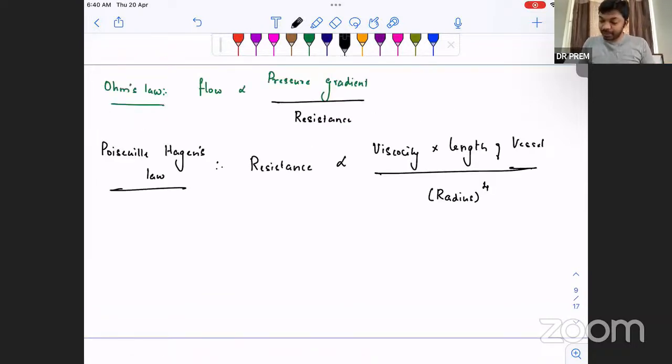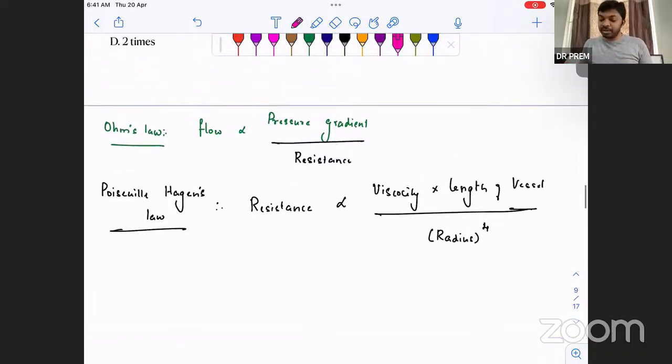Now, please remember, Poiseuille-Hagen's law is a law that has been advocated for a cylinder that has a perfect Newtonian fluid flowing inside the cylinder. When it comes to the human body, blood vessels are not perfect cylinders, and blood is not a perfect Newtonian fluid. Hence, the meaning is going to stay the same, but the names of certain parameters are going to be changed.